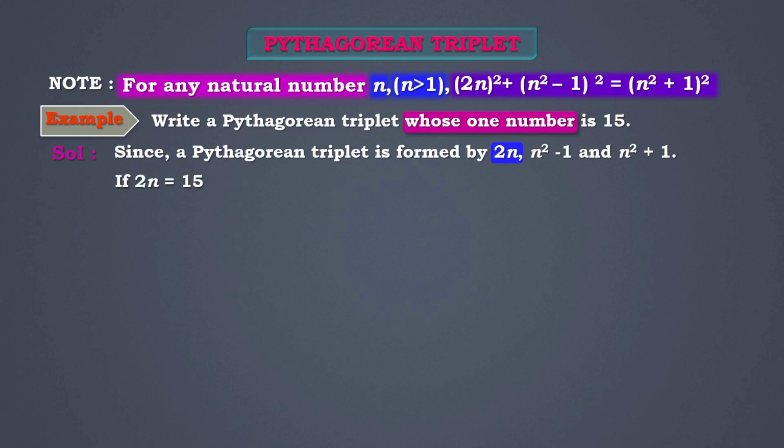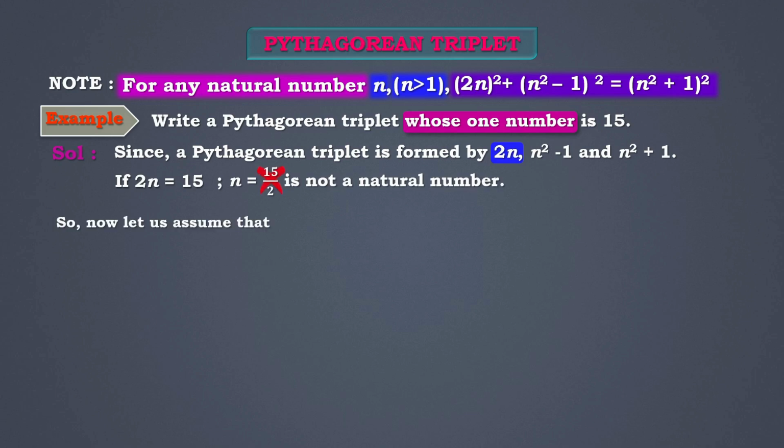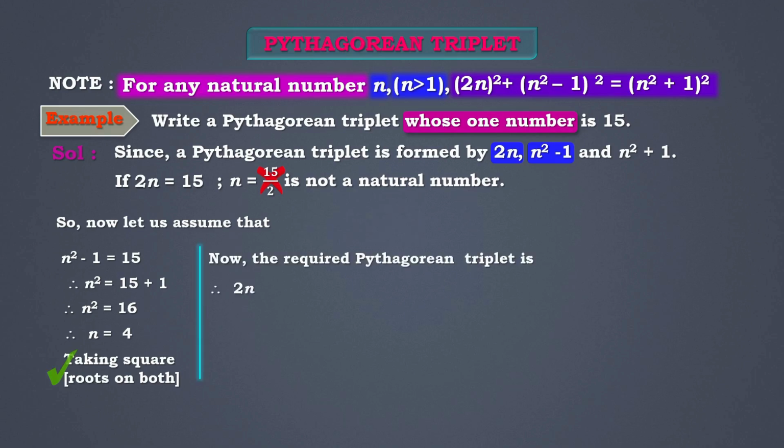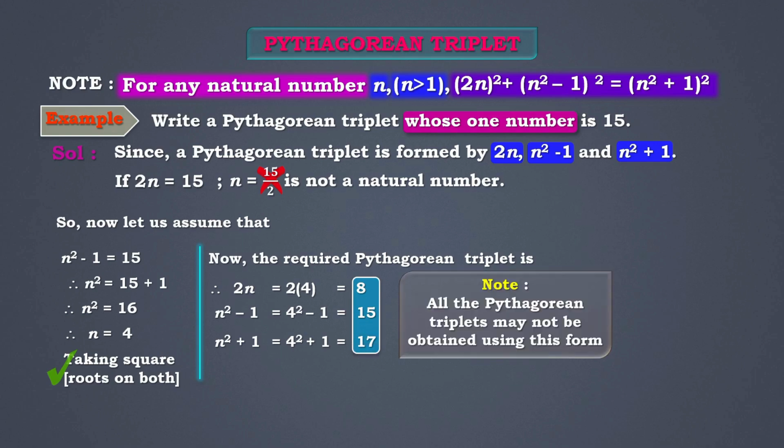Now substitute the value of n. 2n is 8. n square minus 1 is 15. n square plus 1 is 17. So, the required Pythagorean triplet is 8, 15, and 17. Remember, this method helps us generate many Pythagorean triplets easily. Let us practice more questions based on this concept.